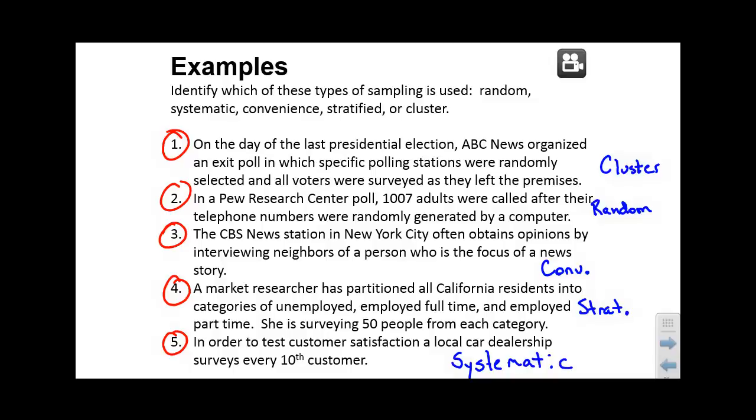And before I close here, I want to draw you some pictures of cluster and stratified. So let's think of entire populations. This is cluster and stratified that we're going to compare, okay? That circle represents the entire population. If we want to do cluster or stratified sampling, we place them in groups.